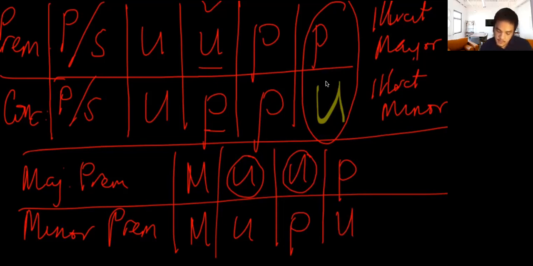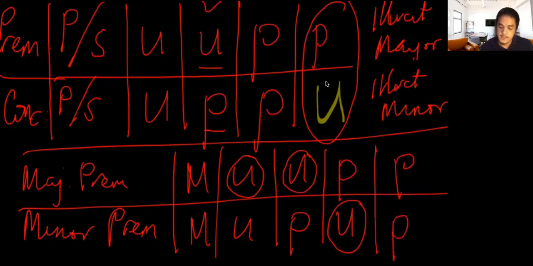Why? Because at least once universal. However, if it is both particular, then this is what we call a fallacy, the fallacy of undistributed middle term. So in this case, this is invalid.